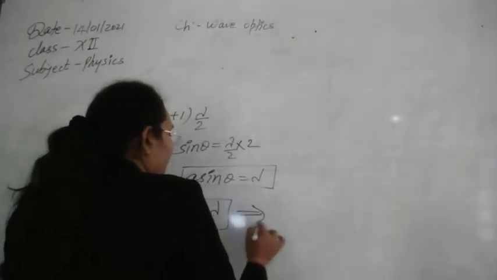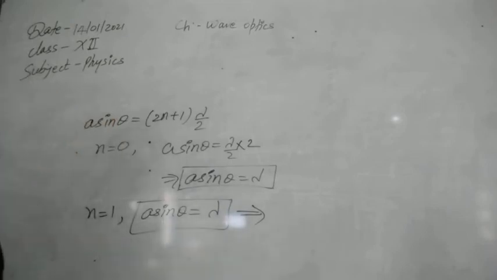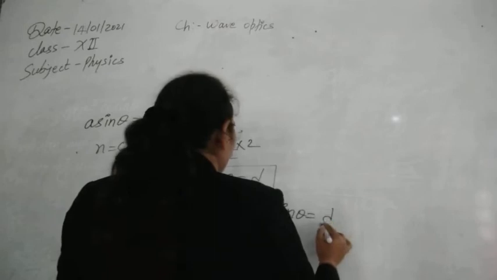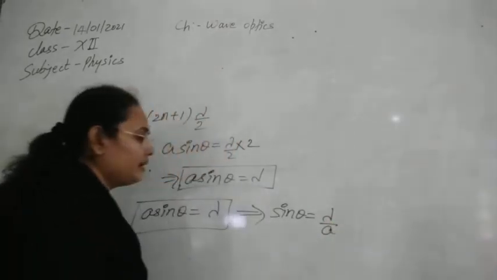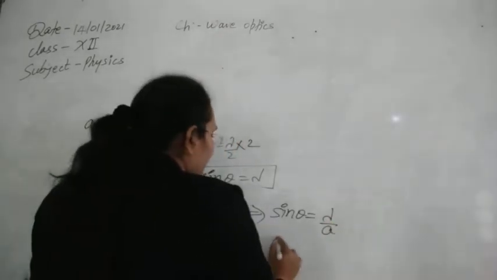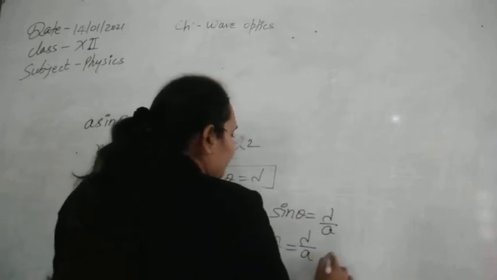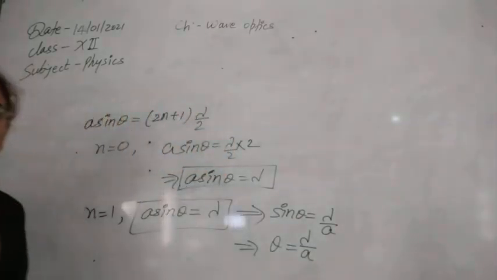From here one more thing you can find out. The value of sin theta is obtained as lambda by a, and if theta is very small, sin theta can be replaced by theta. We can write theta is equal to lambda by a.